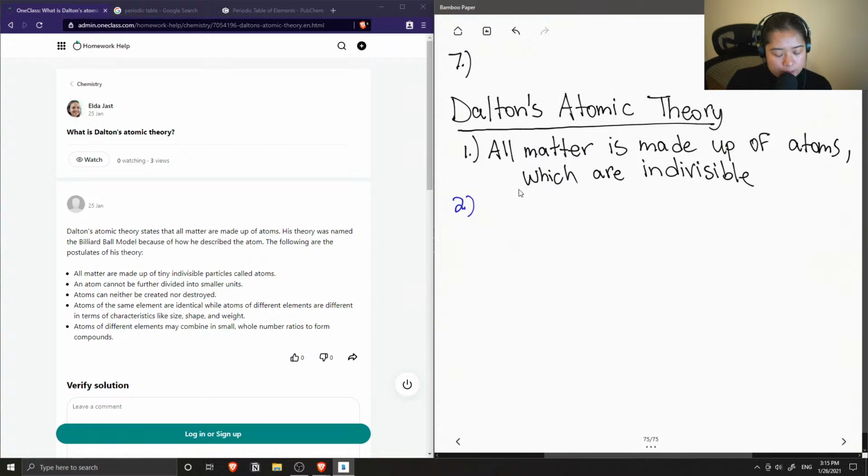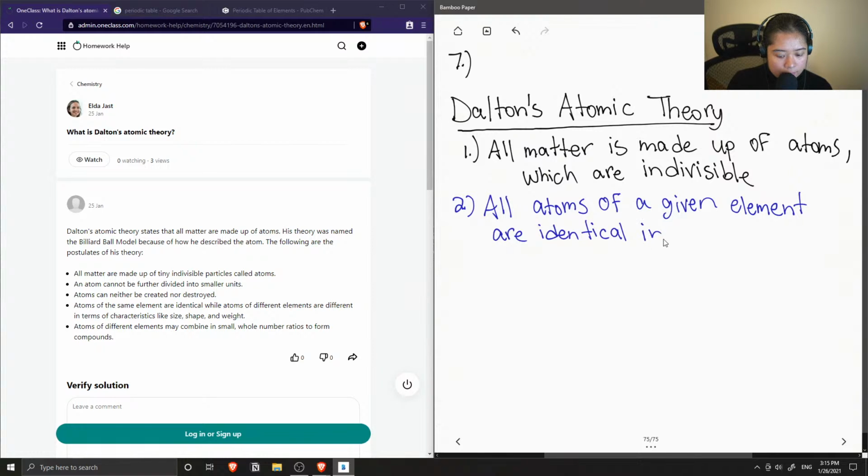And part of his theory, again, is that all atoms of a given element are identical in mass and properties.